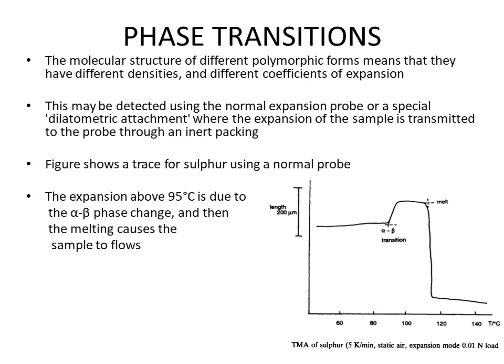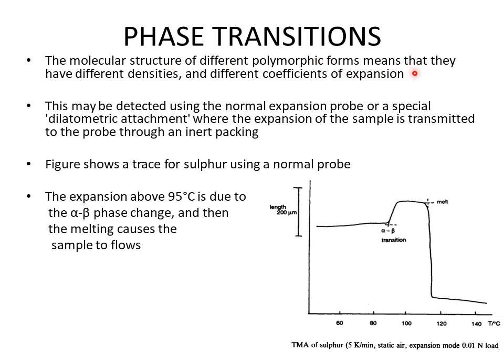By change in temperature, the change of phase is a common phenomenon. So these phase transitions can also be studied using TMA. We know that different substances have different polymorphic forms.